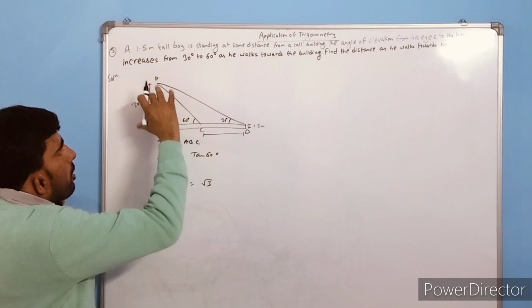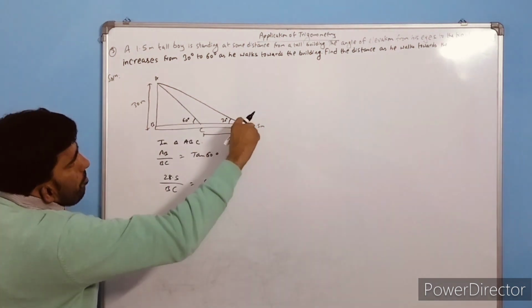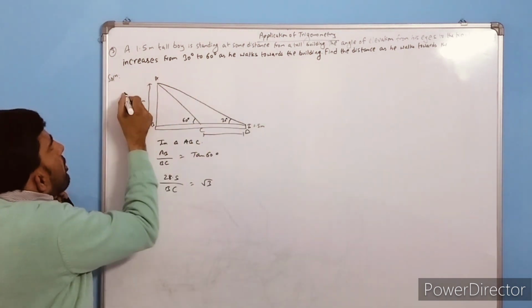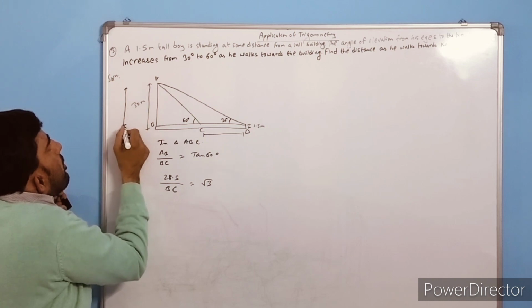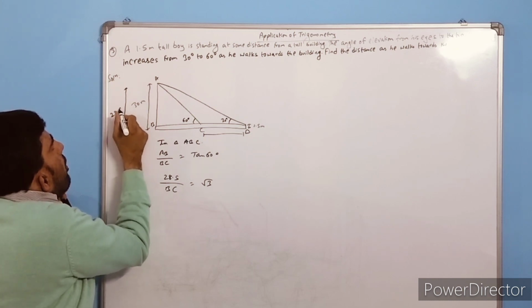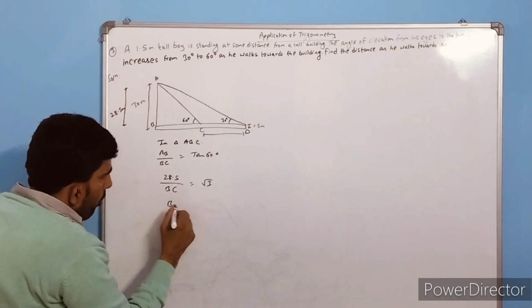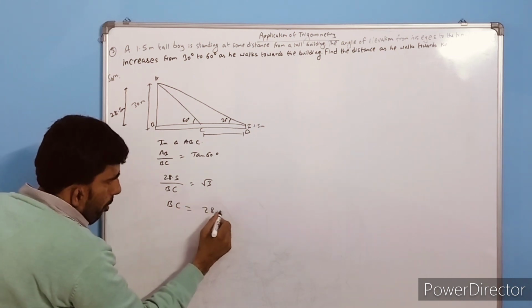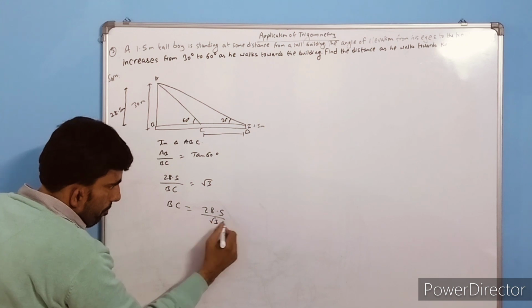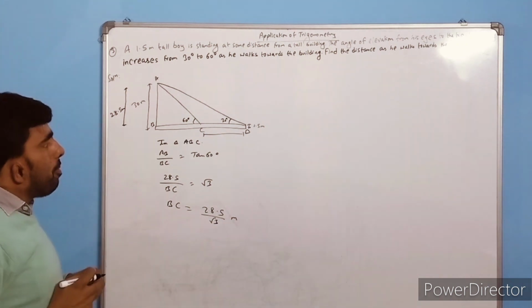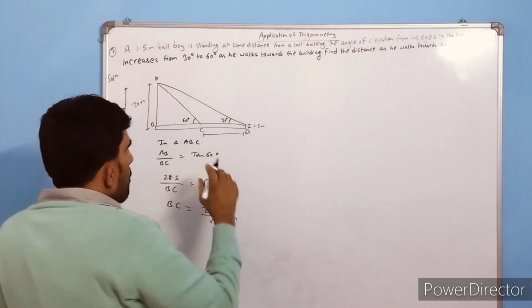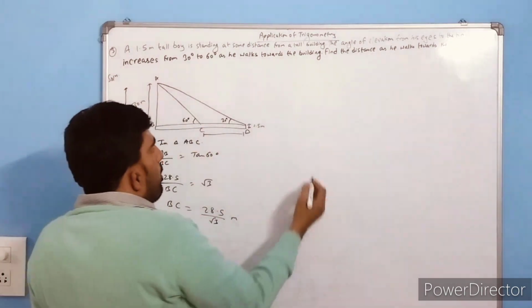The total height is 30, but I have to remove the height of the boy, so I will get the height of the building as 28.5. So now I got BC, that is 28.5 upon root 3.